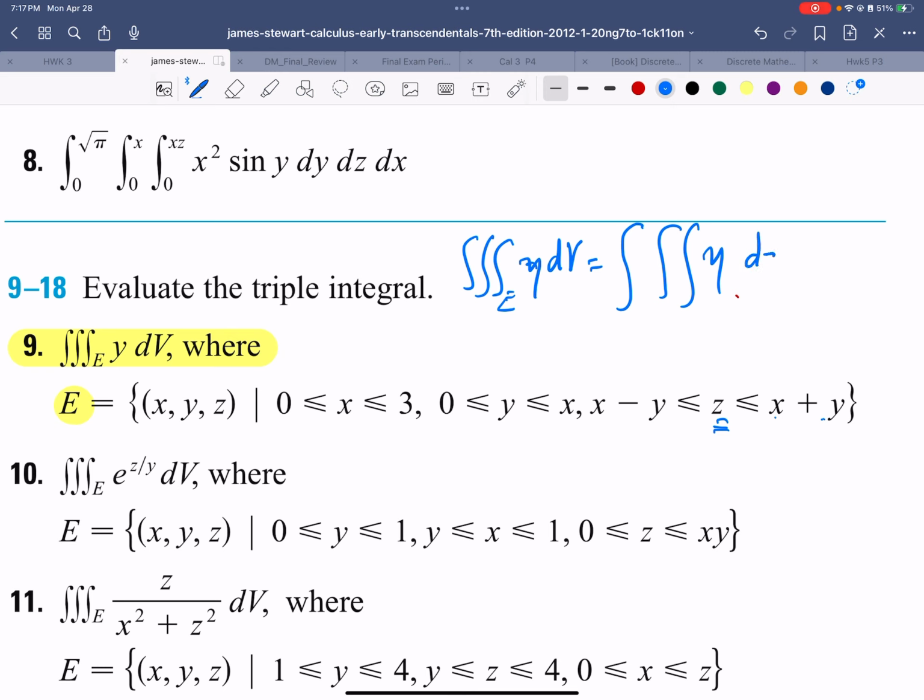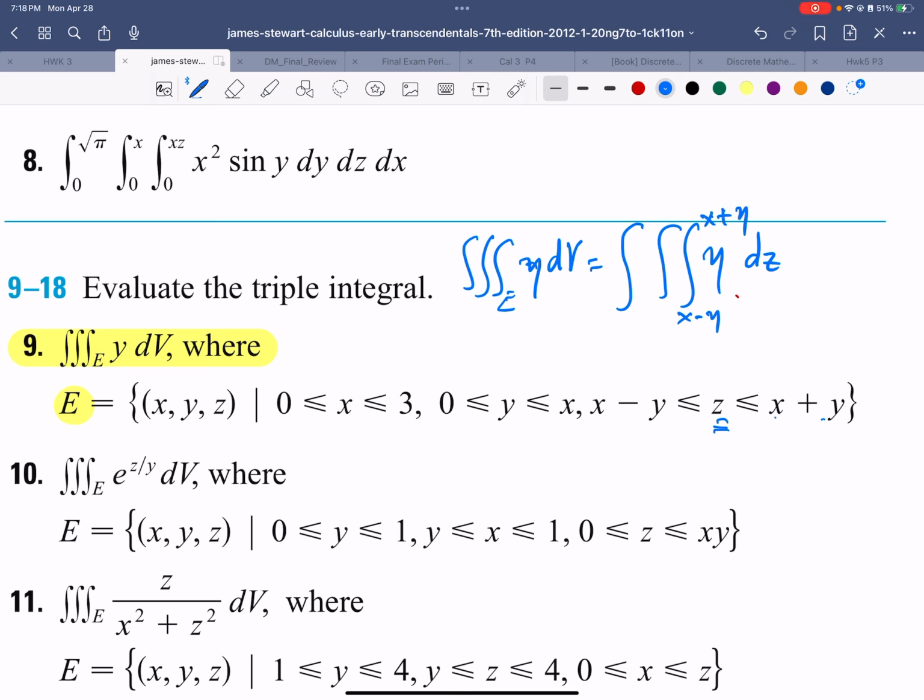You have dz first, and the variation of z is from x minus y to x plus y.